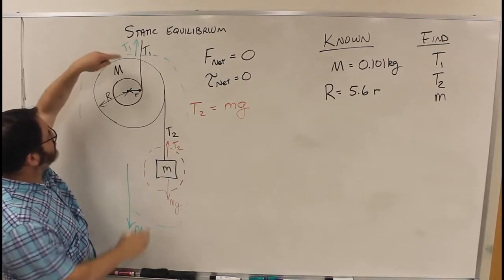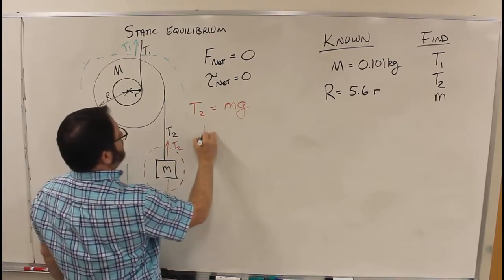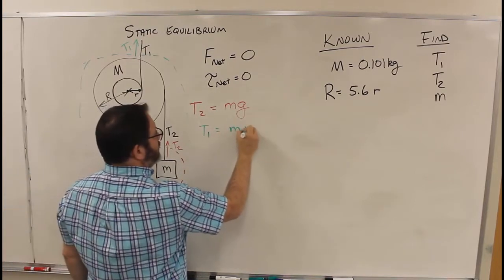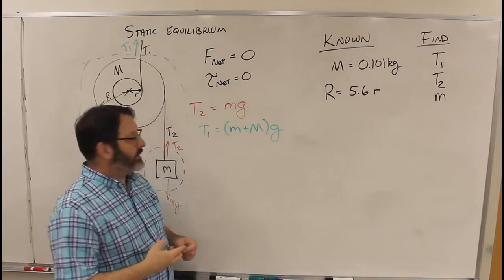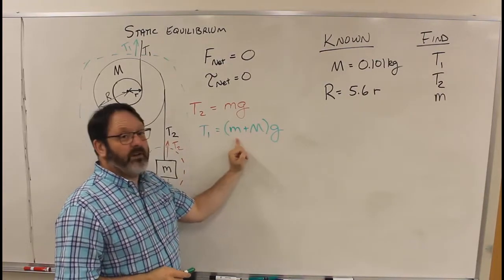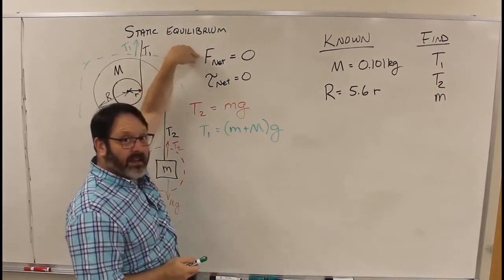So in order for the net force on that system to be 0, T1 has to equal little m plus big M times g. Again, we could find out what T1 is if we knew what little m was. So that's as far as we can get with net force.